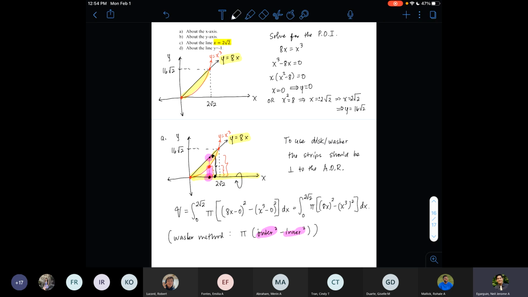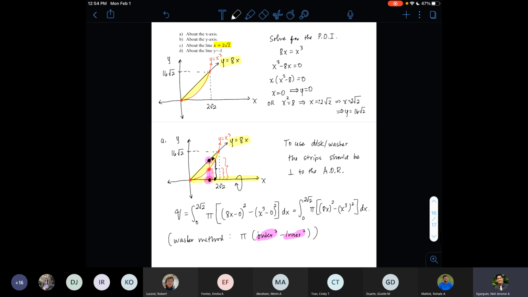Well, the outer radius is coming from the AOR towards the uppermost portion of the region. That's why I had 8x minus 0 squared. And then I have the inner radius squared coming from the closer curve to the AOR until the AOR. So that's why I got x cubed, which is the red curve, minus y equals 0. That's why I got x cubed minus 0 over there.